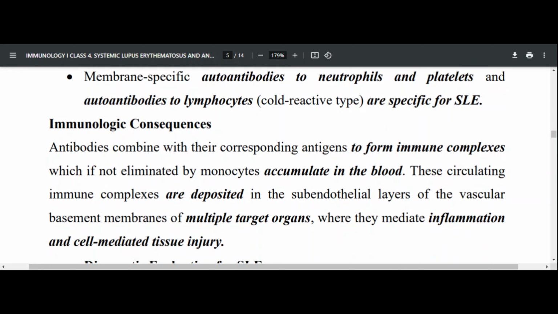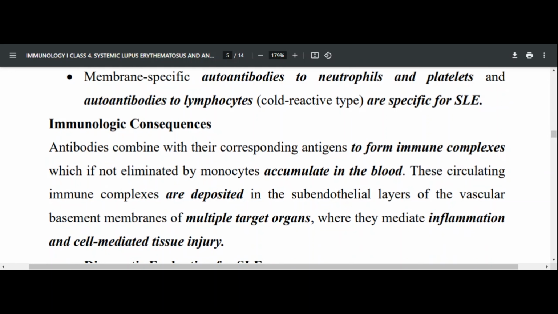You are talking about the autoantibodies, but what is the consequence of the presence of those autoantibodies in patients? The problem is the formation of immune complexes, which are not able to be eliminated by monocytes, and the immune complexes are going to accumulate in the blood.